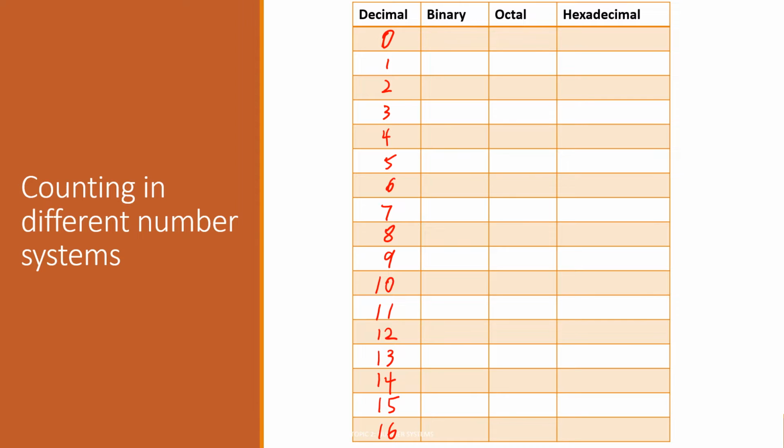However, in a binary system we only have 2 digits, 0 and 1. So the way of representing is a little different. Let's see, starting from 0, 1. After 1, we don't have any other digits to represent the number, so we have to move the position. So it becomes 1 0. 1 0 in binary actually represents 2 in decimal.